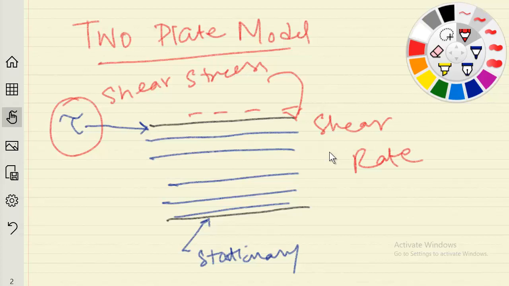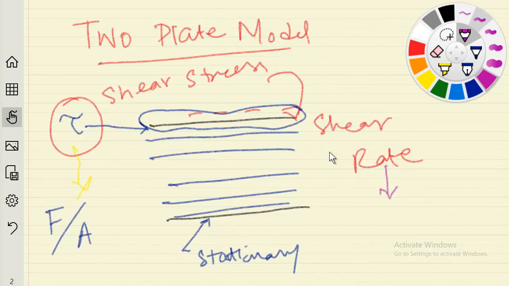Shear stress is basically F over A, the force applied on the top layer over the cross sectional area. Shear rate is the ratio of the velocity at which this plate will move divided by the distance between these plates. Its units will be Pascal.